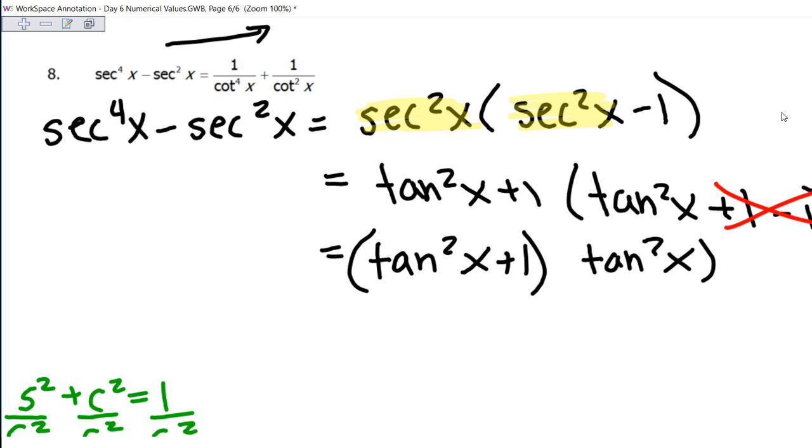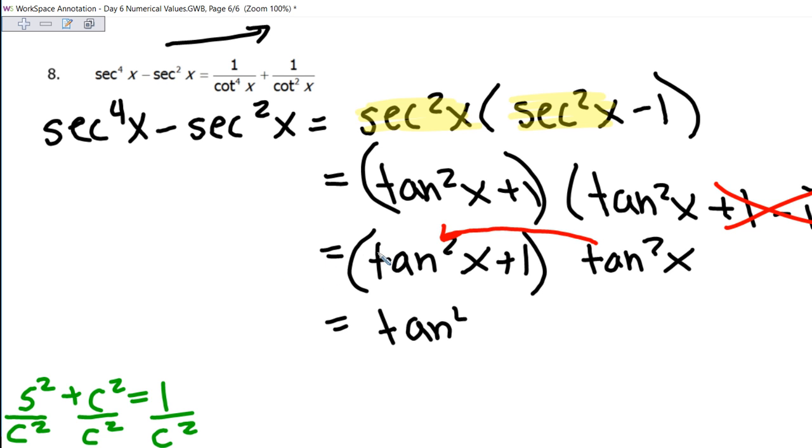That needs to be multiplied. Distributing the tangent squared of x times tangent squared of x is tangent to the 4th power of x. And one more time, tangent squared times 1, tangent squared of x.